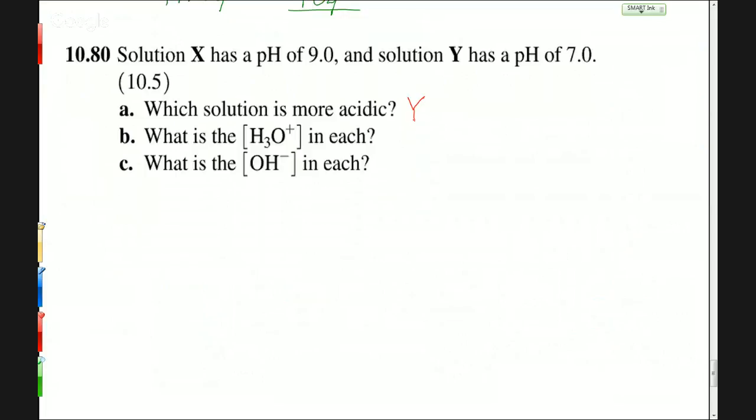How do we find that from the pH? Careful here, I think we're jumping ahead to part C. The hydronium ion concentration in X will be 10 to the minus 9 molar, and the concentration in Y will be 10 to the minus 7 molar.